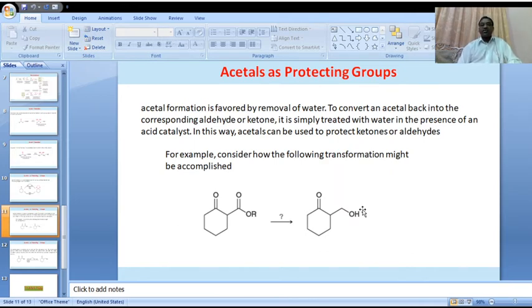To convert an acetal back into the corresponding aldehyde or ketone, it is simply treated with water in the presence of an acid catalyst.